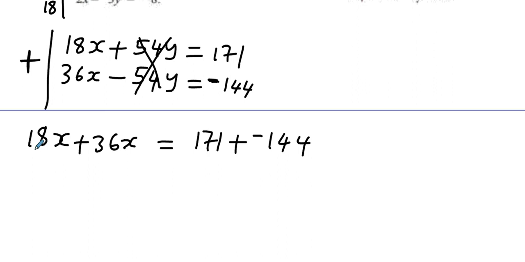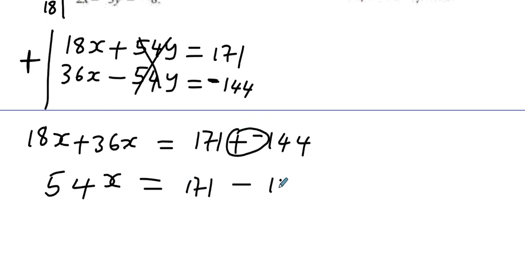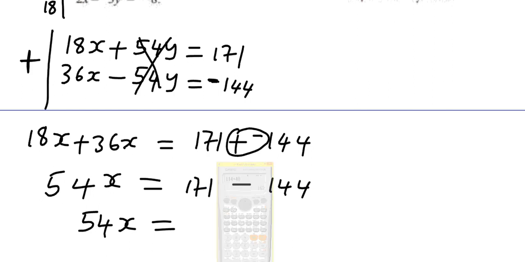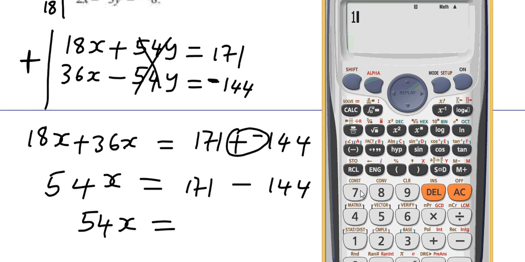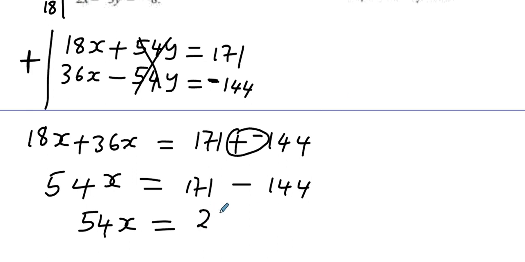So 18 plus 36 is 54x. When you subtract here, you get 54x equals 171 minus 144, which will be 27.